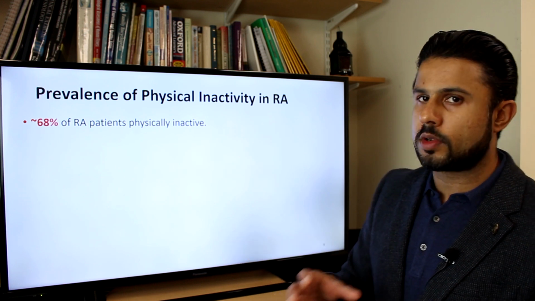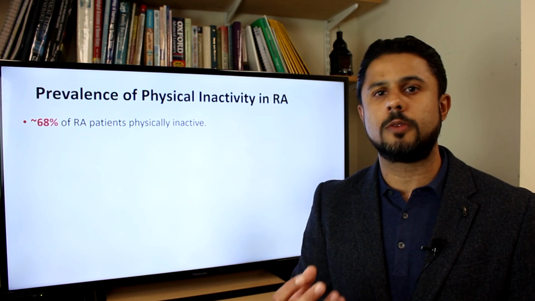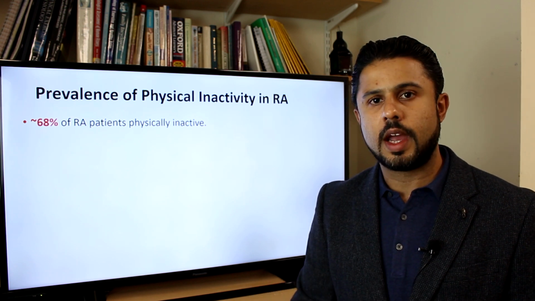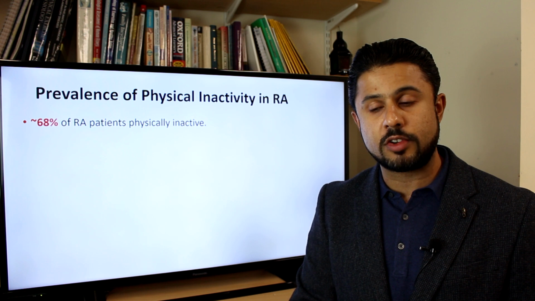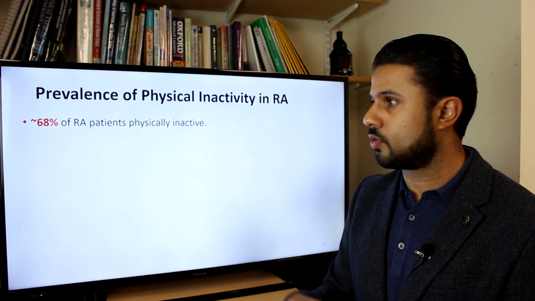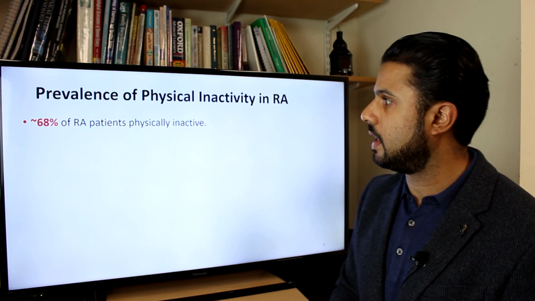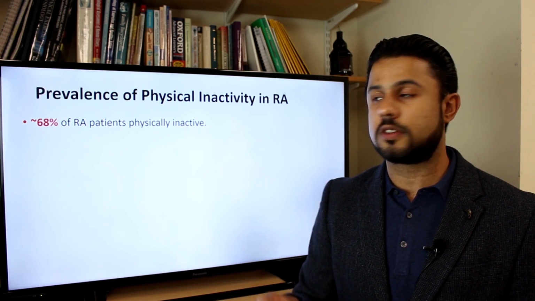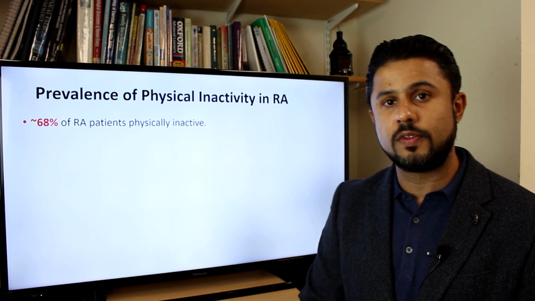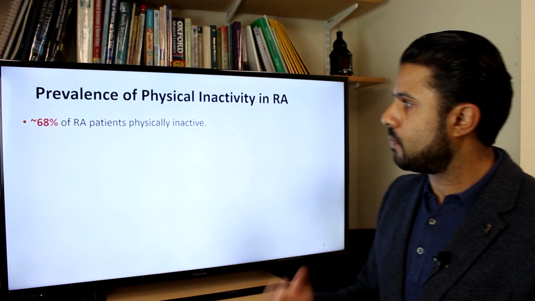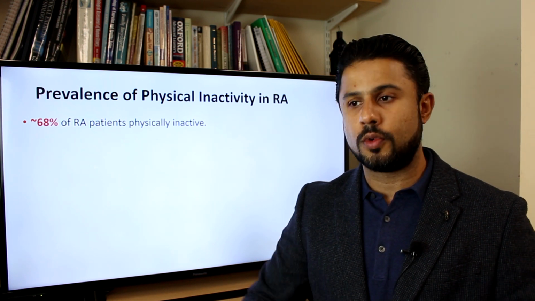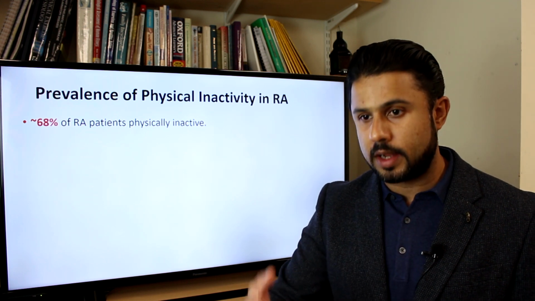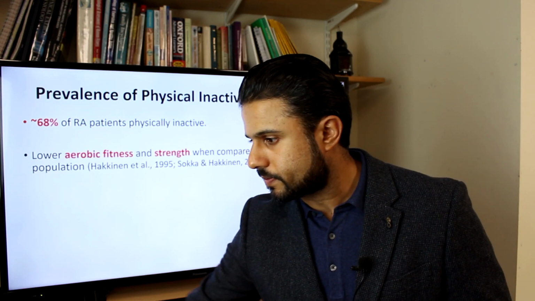Now, rheumatoid arthritis is a condition which is characterized by pain, as I said before, and stiffness, and quite severe inflammation in the joints, and sometimes those joints need to be replaced. That's how severe it is. So it's not surprising that approximately 68% of RA patients are physically inactive, so they don't do any physical activity whatsoever. Yet we know that physical activity for the general population is good for helping people that have chronic diseases.